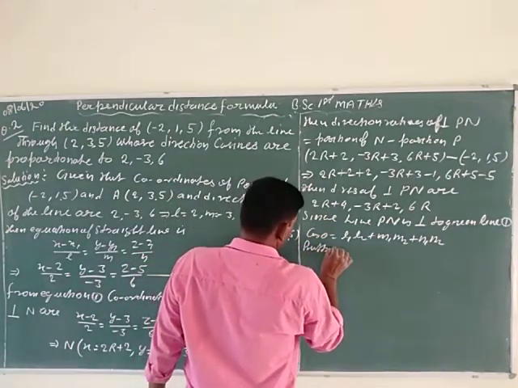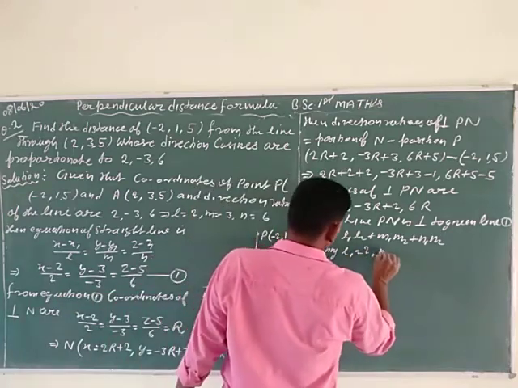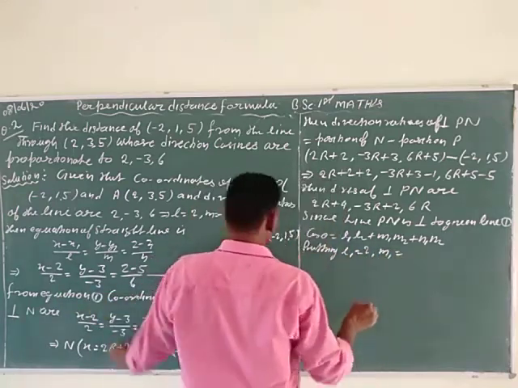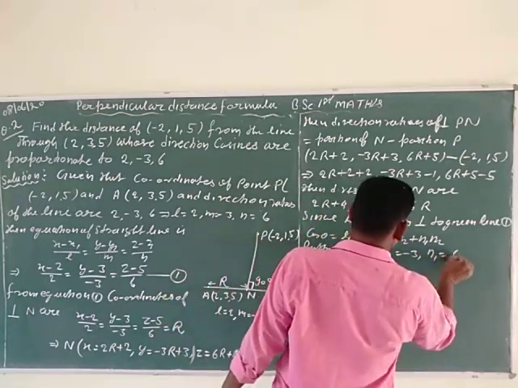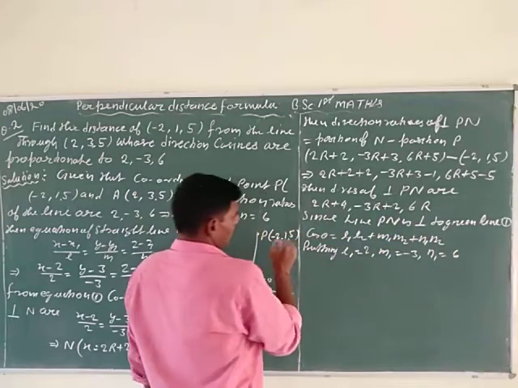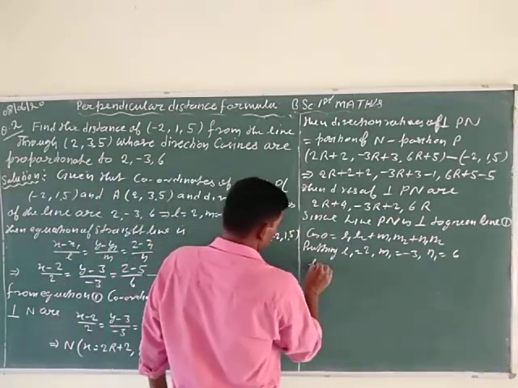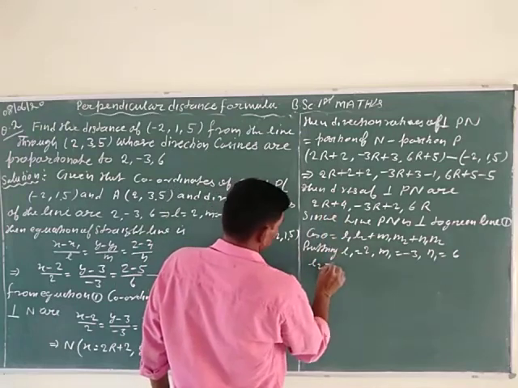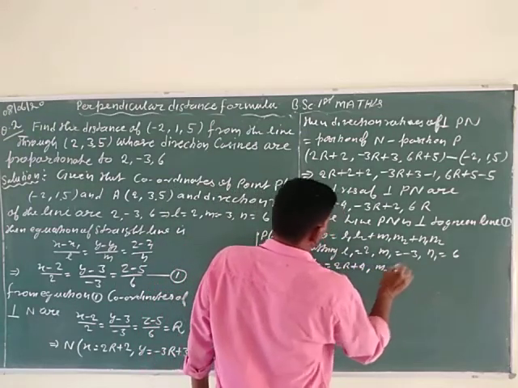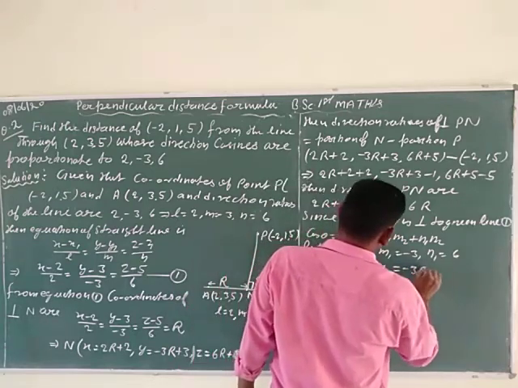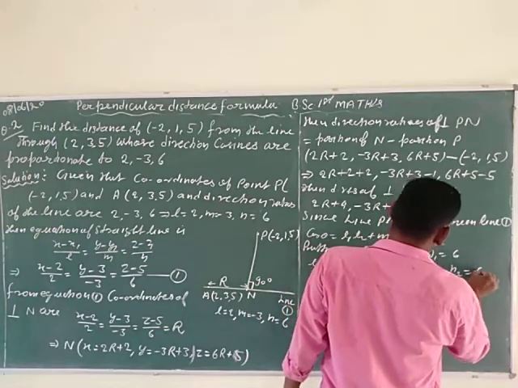Putting L1 is equal to 2, M1 is equal to -3 and N1 is equal to 6. And for point N, taking the second line, L2 is 2r plus 4, M2 is equal to -3r plus 2 and N2 is equal to 6r.